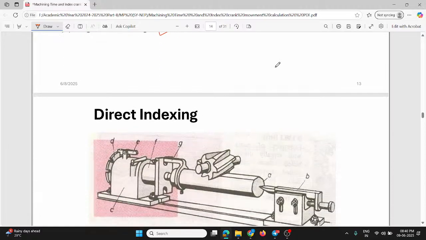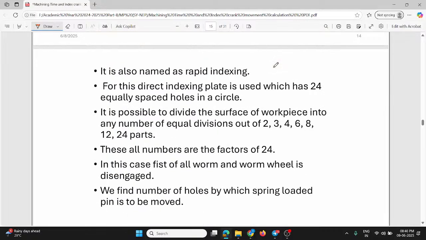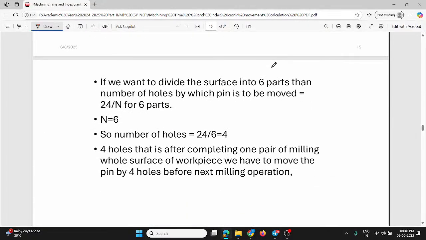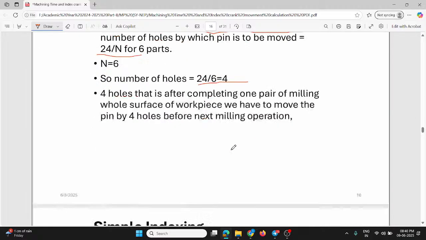I am not going to discuss it again, as we have already discussed it. If you want to divide the surface into 6 parts, then we can say 40 divided by n, and accordingly we can calculate the index crank movement, that is 4 holes you have to move the index crank.